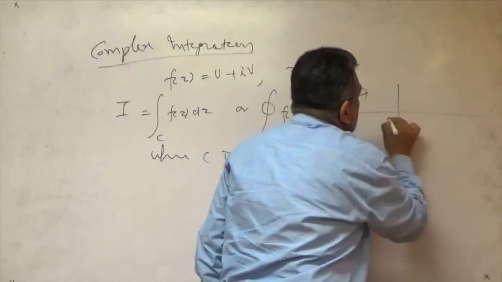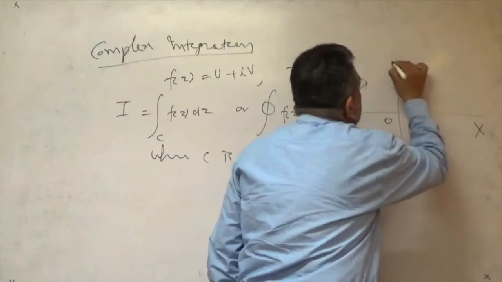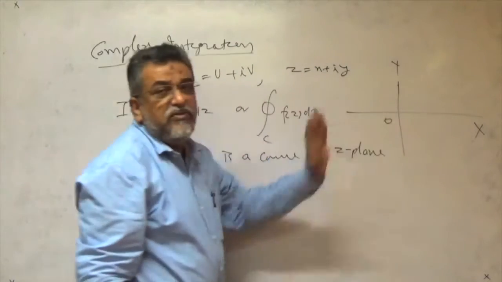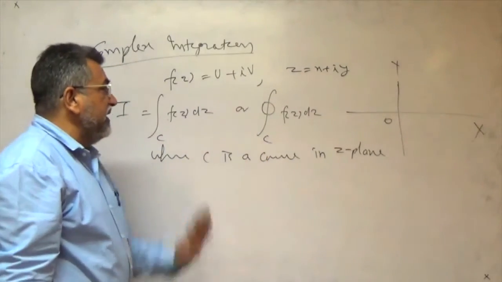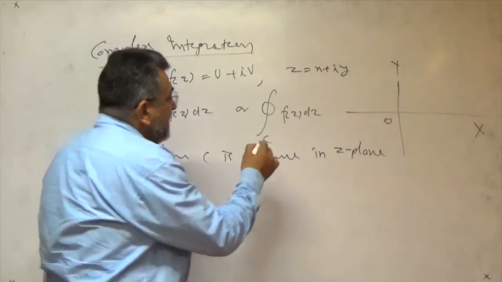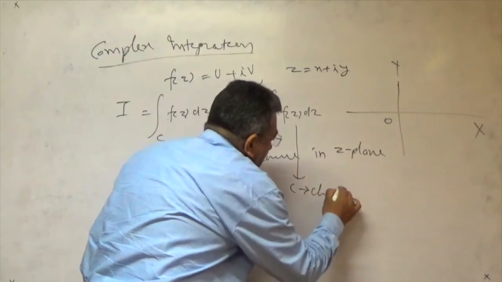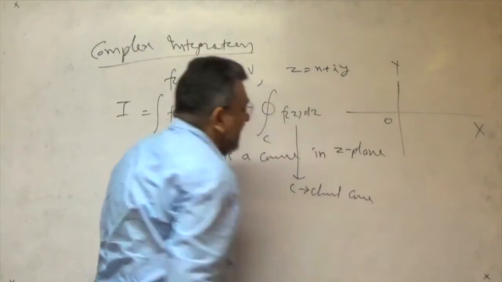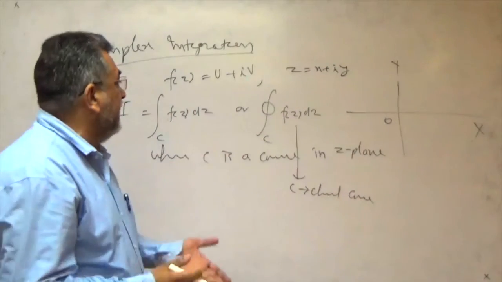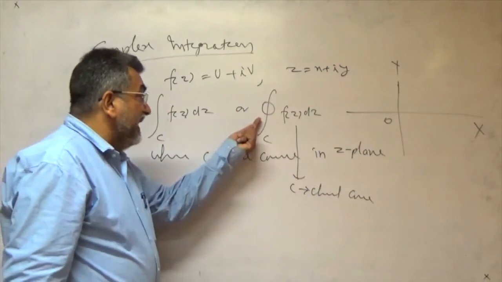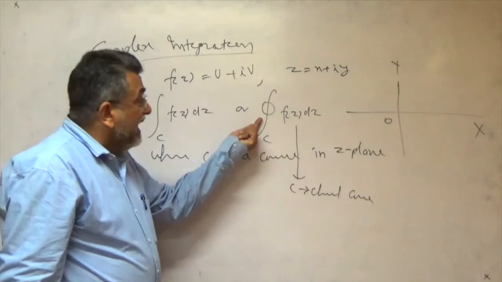This is the complex plane. Origin, x-axis means real axis, y-axis means imaginary axis. Then C is a curve. If C is a closed curve, meaning initial and final points are coinciding, then we take this type of notation for integration.